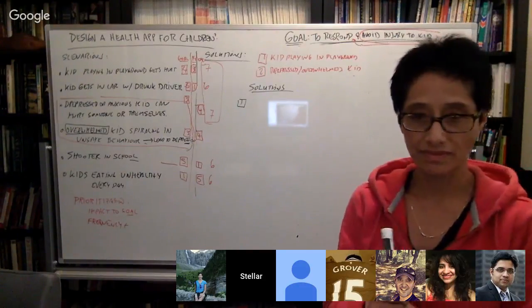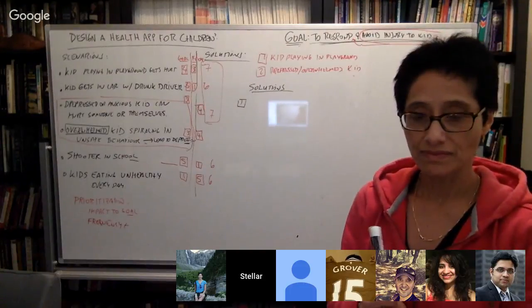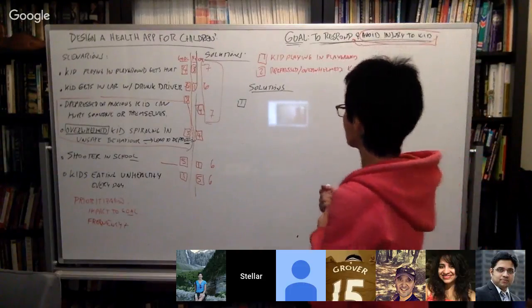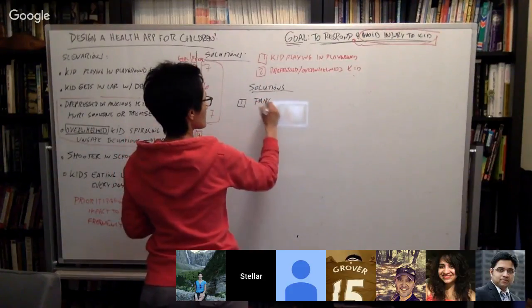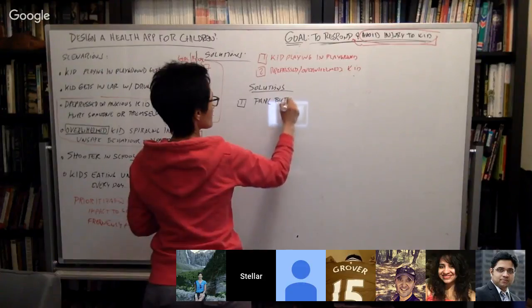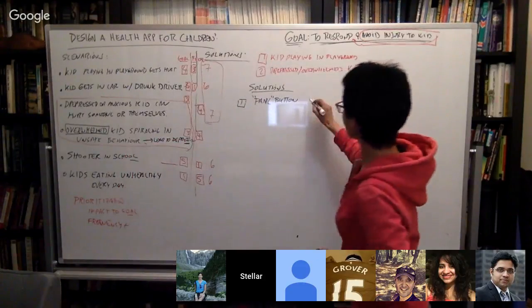A couple of things come to my mind. One is something like a panic button, wherein kids are immediately able to connect with somebody responsible, either a school authority or first aid or that kind of a situation.